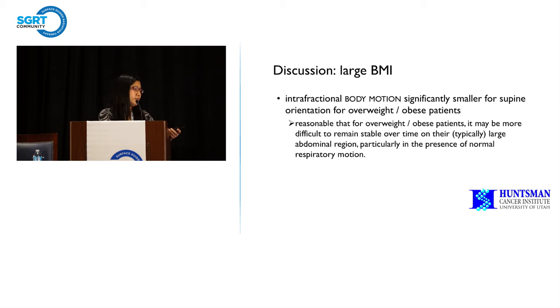So for large BMI patients, the preferred treatment position is supine rather than prone. This is reasonable. We can think of the overweight, obese patient. Most of those patients have a big belly.